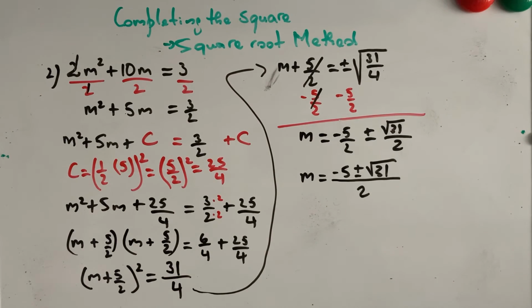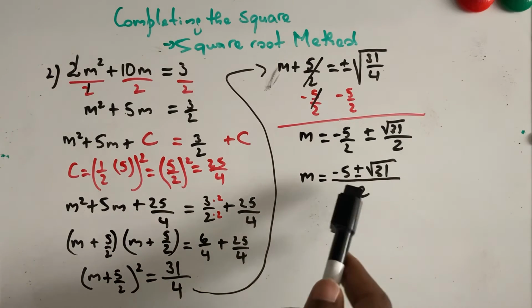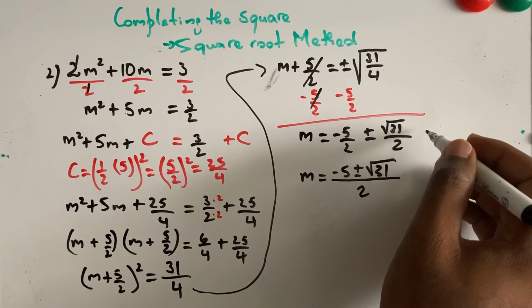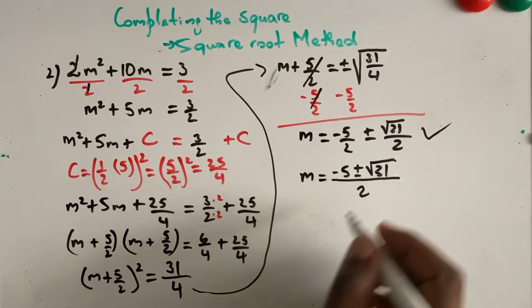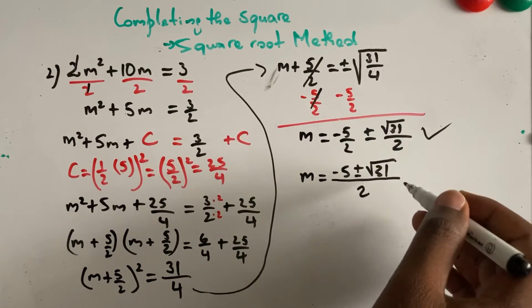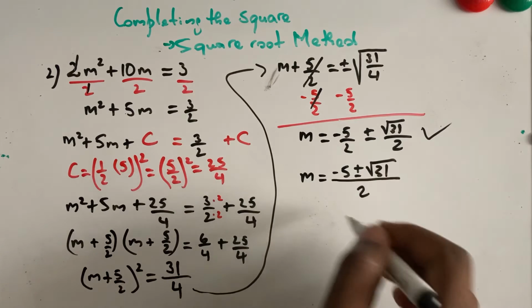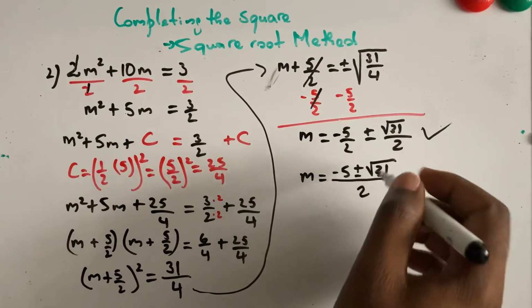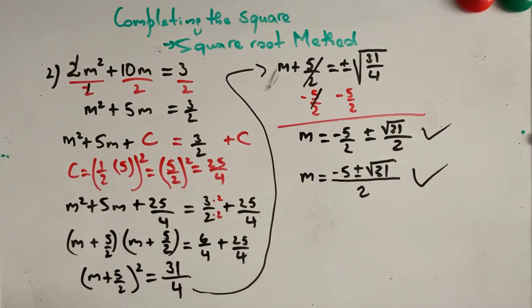So negative 5 plus or minus the square root of 31 over 2. Now, remember, this can be written this way, negative 5 plus square root of 31 over 2, or it could be left like this. You could leave it like this, or you could write it like this, depending on your instructor. So it's still right. There's nothing wrong with either one here.